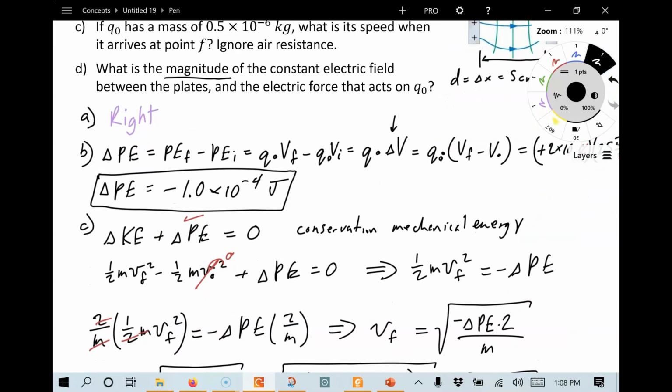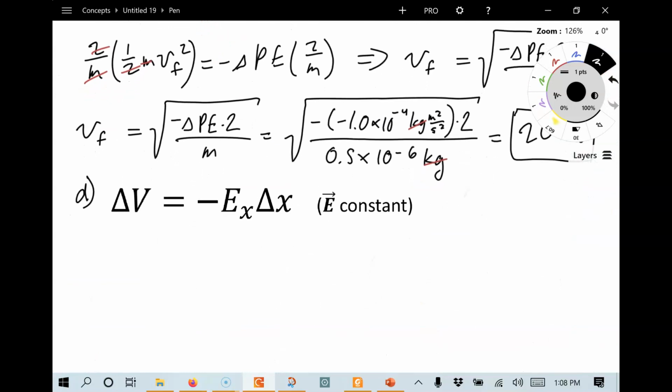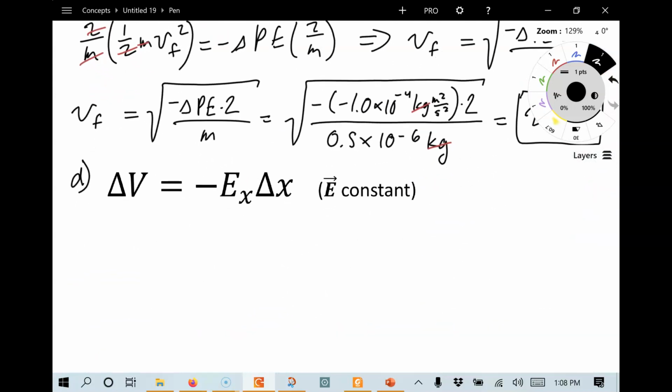And since we are dealing with the magnitude of the electric field, we can take the absolute value of everything here, which allows us to write this in a new way. Absolute value of delta V. So the absolute value of the voltage is equal to EX times delta X, sometimes we write that as D. And now we can calculate what E is equal to.